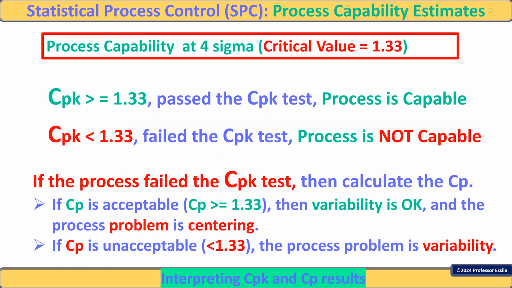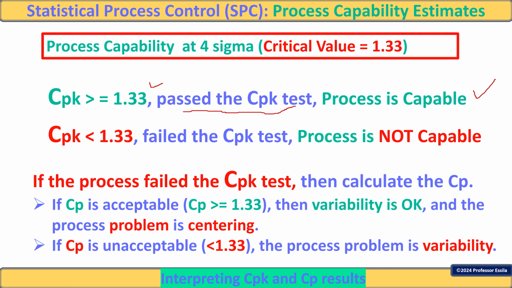So let's now have a look at the interpretation. How do we interpret that? If we test our process and the process capability index, which we call here Cpk, is equal to or higher than 1.33, we say that this process passed the Cpk test and is capable.